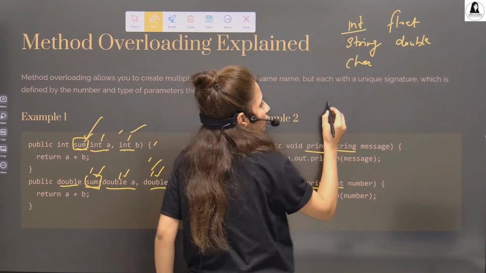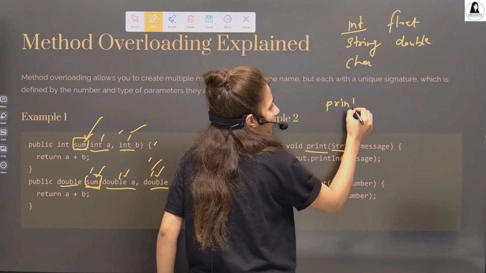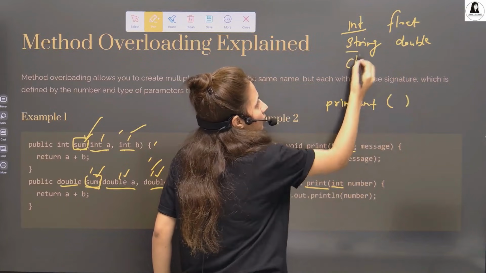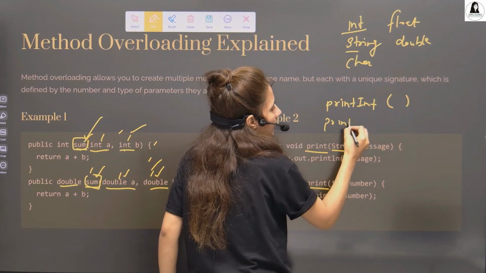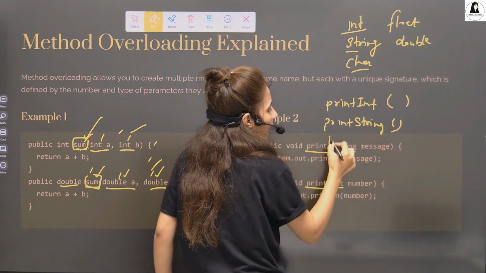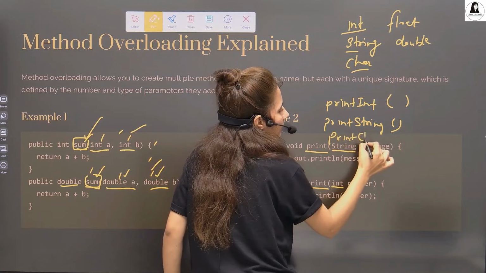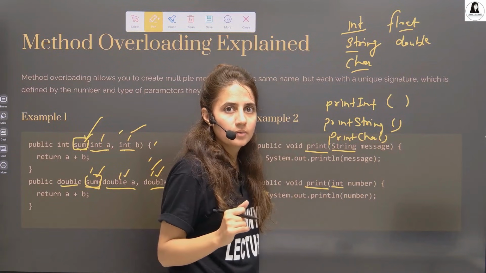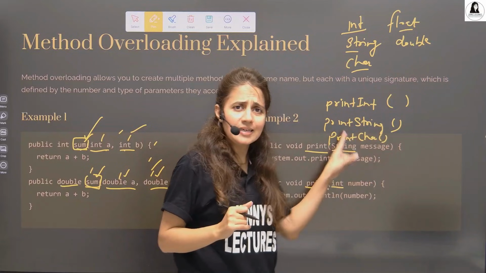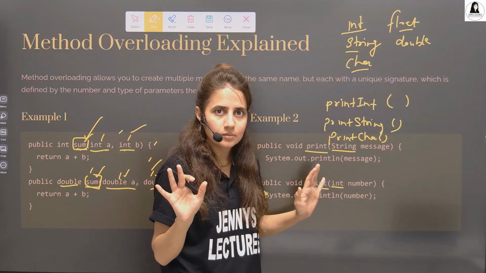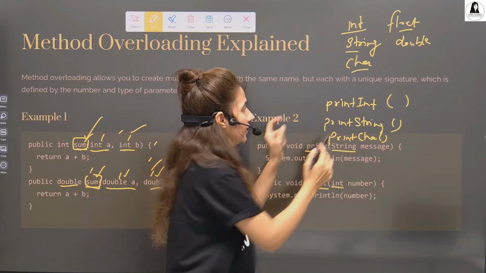For the method you want to print, maybe you will name it print int or display int. For string, we write print string as the name of the method. For char, we write print char. Similarly print float, print double. Although the functionality is the same, all the methods are printing, the names are different.